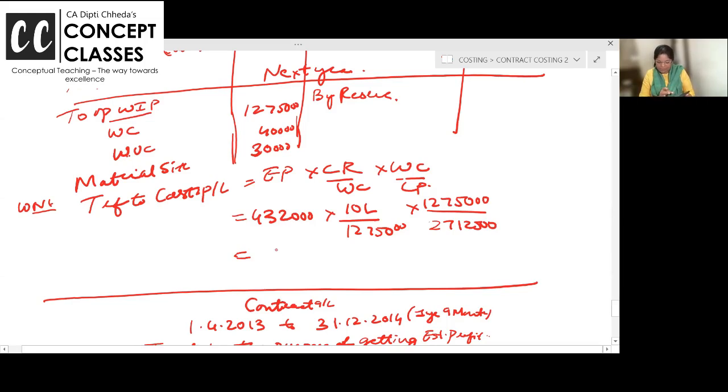Check and tell me. 4,32,000. 159,263. So take it. Just write it, please.